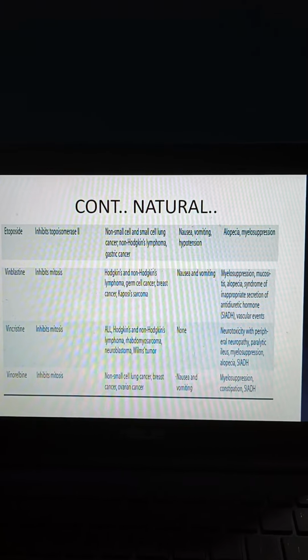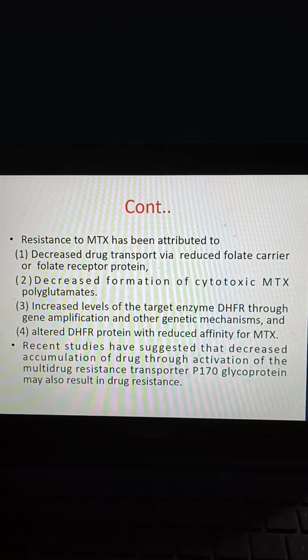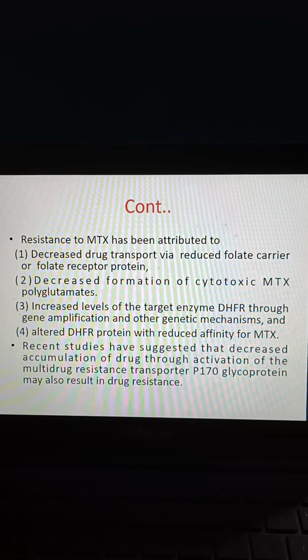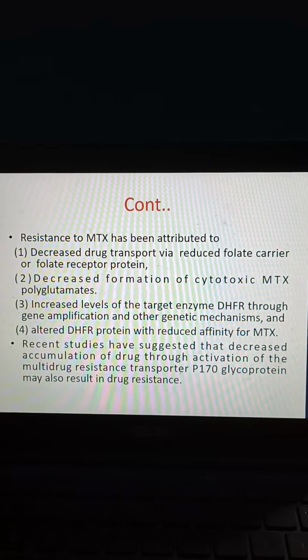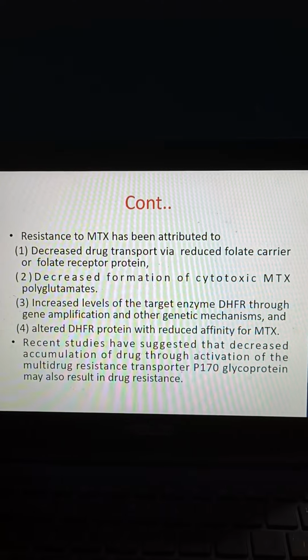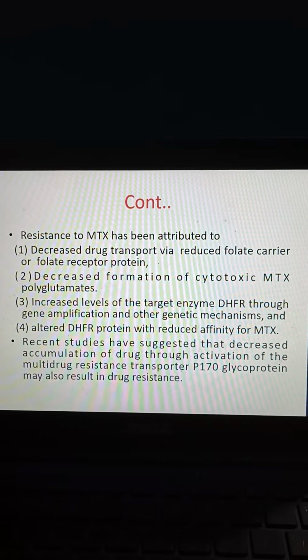Then why has resistance to methotrexate been attributed? The resistance to methotrexate, MTX, has been attributed to decreased drug transport via the reduced folate carrier or folate receptor protein, decreased formation of cytotoxic methotrexate polyglutamates, increased levels of the target enzyme DHFR, dihydrofolate reductase, through gene amplification and other genetic mechanisms, and altered DHFR protein with reduced affinity for methotrexate.